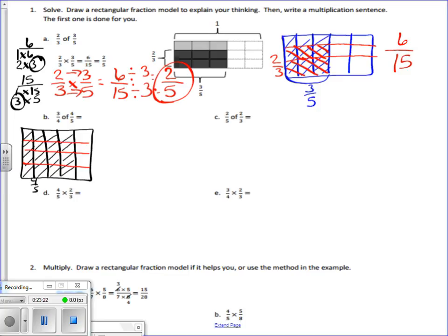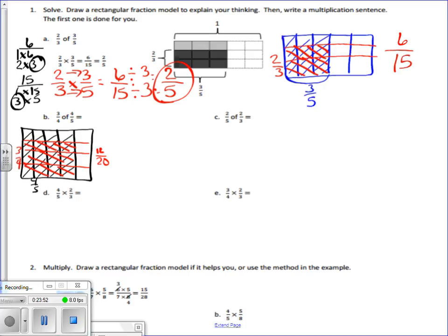We're going to color in 3 of them. 1, 2, 3. So 3/4. So I should have 1, 2, 3, 4, 5, 6, 7, 8, 9, 10, 11, 12, 13, 14, 15, 16, 17, 18, 19, 20. 20 total pieces. 1, 2, 3, 4, 5, 6, 7, 8, 9, 10, 11, 12 out of the 20 should be colored in.